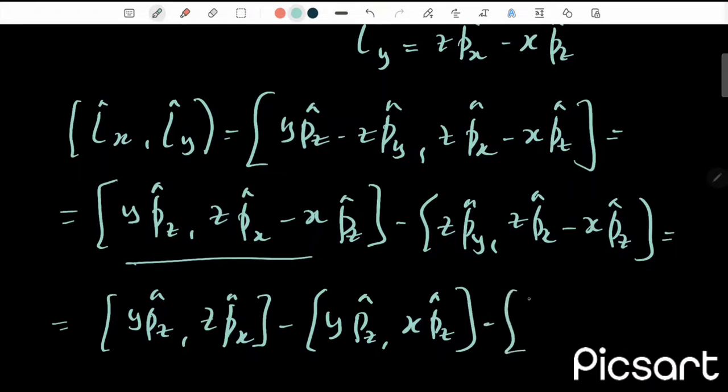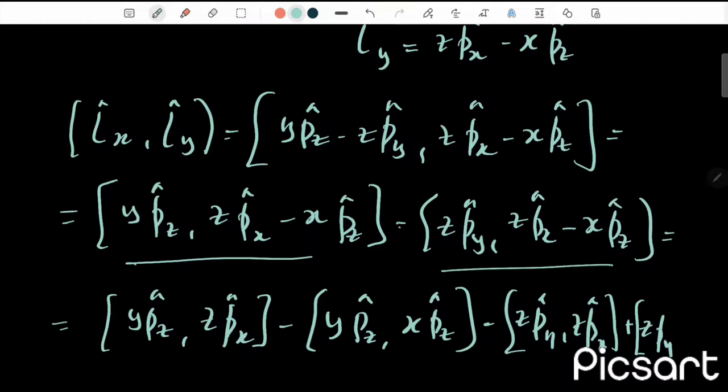Here we have minus for the second term: minus z py z px, plus, because we are combining this minus with this minus, plus z py x pz.